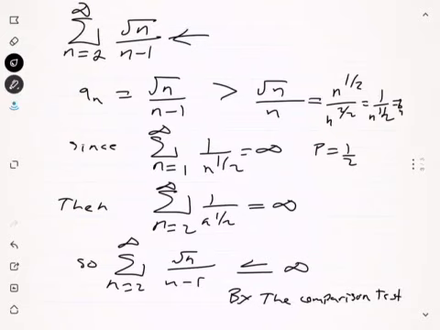So the comparison test basically just, you have a series and you compare it to a bigger series. If the bigger series converges, then the smaller series converges, and if the smaller series diverges, then the bigger series diverges. And usually the series that you compare it with will be like a p-series or a geometric series.